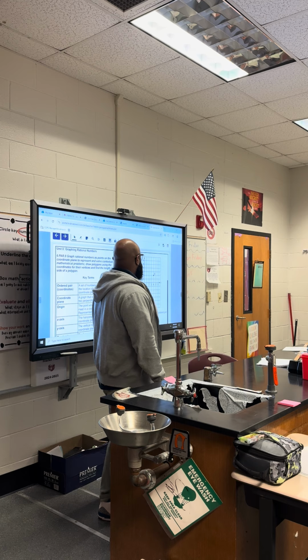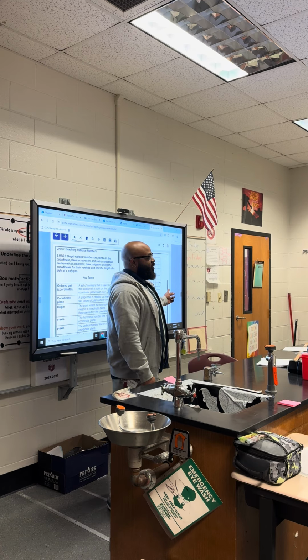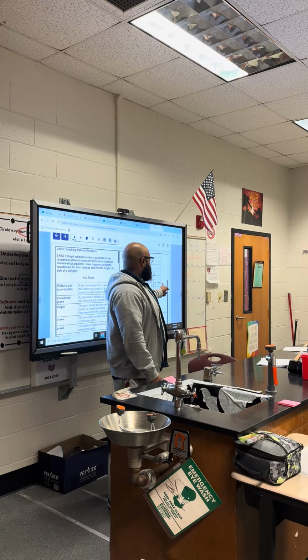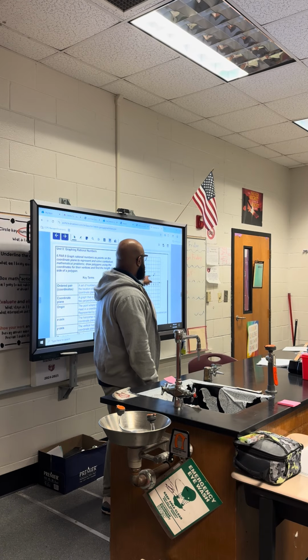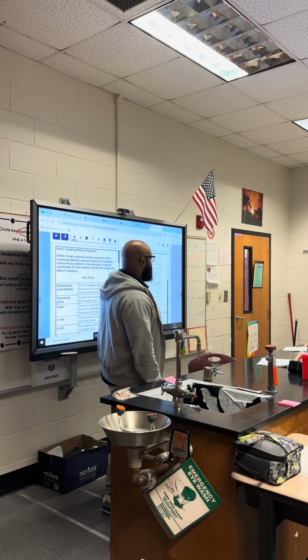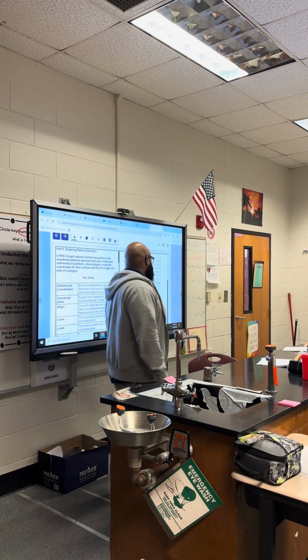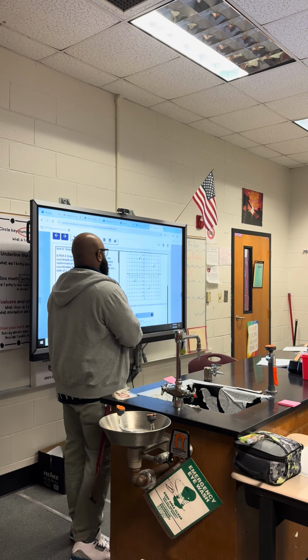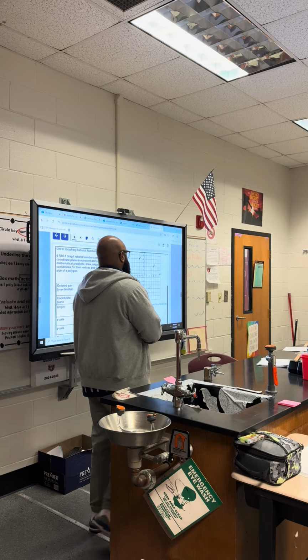And this line going from left to right is what? Horizontal, but which axis is it? X. It's the X axis. And the vertical is the Y axis.